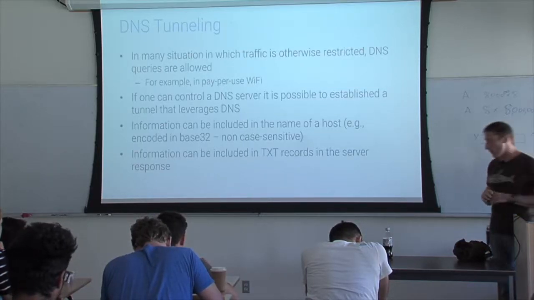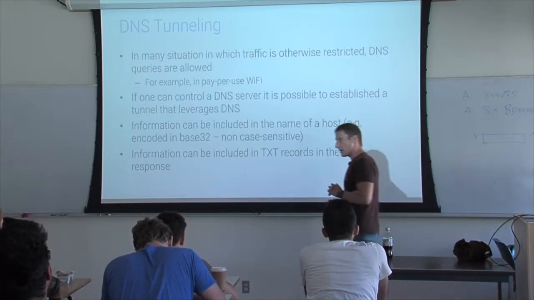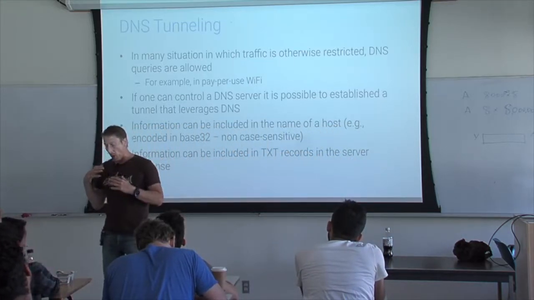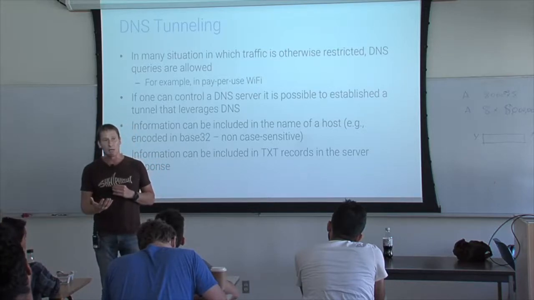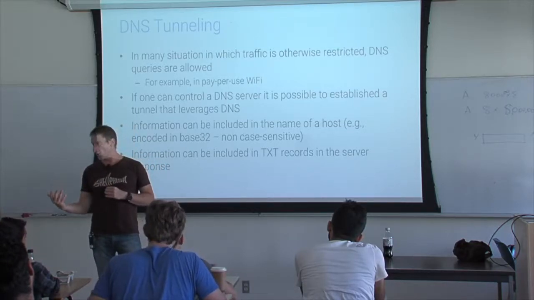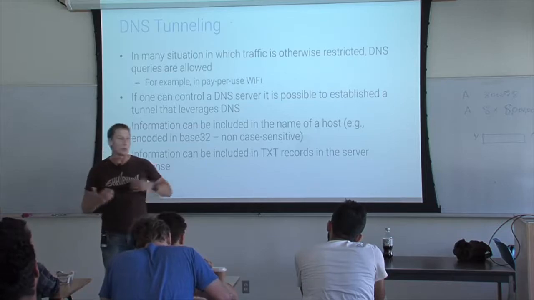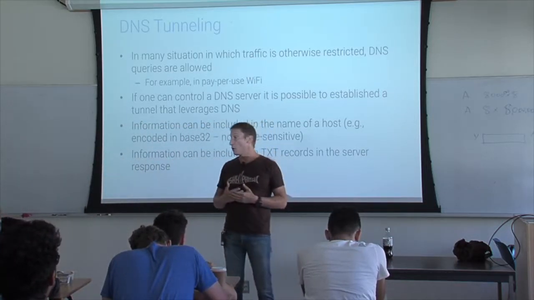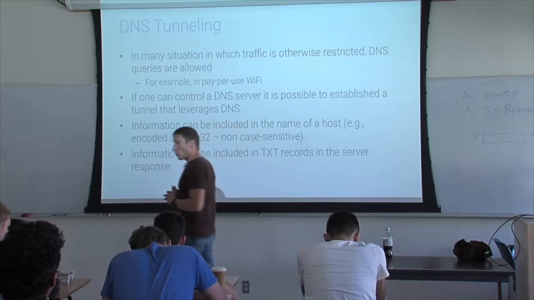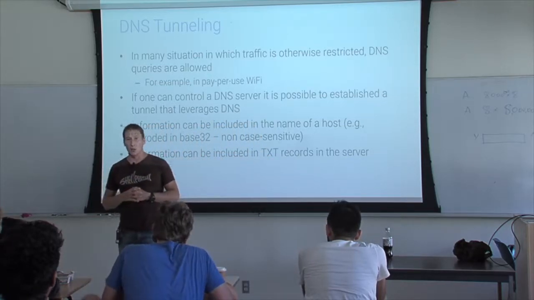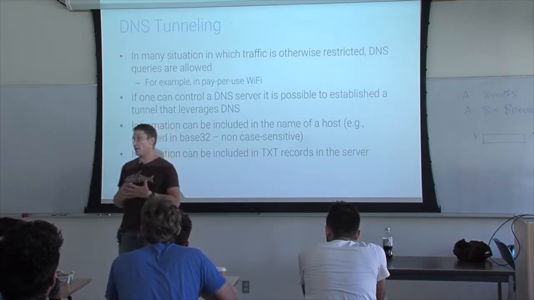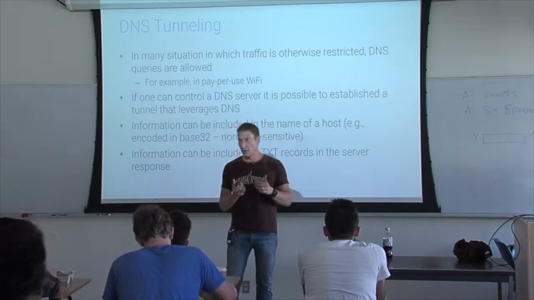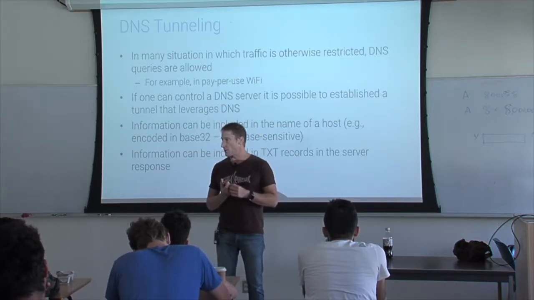Another interesting thing with DNS is DNS tunneling. This is interesting because when you connect to certain networks, the network will allow you to do DNS requests, but until you pay, for example, or you authenticate yourself, they will not allow you to route IP traffic. So people said, what if I'm in control of a DNS server and I'm able to embed data into my DNS requests?